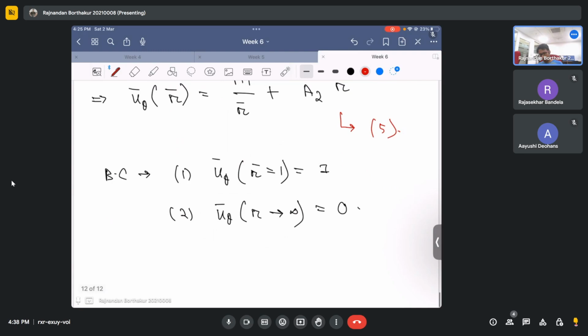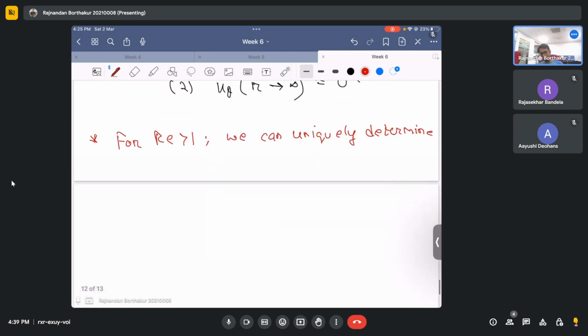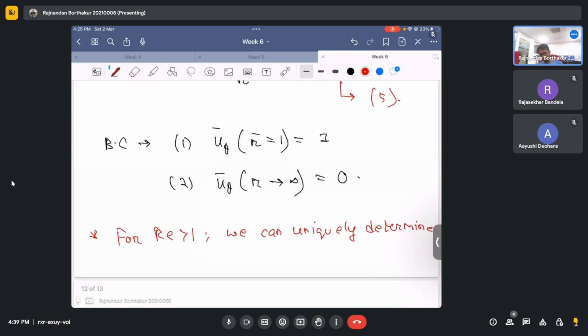So for Re greater than 1, we cannot uniquely determine the constants a1 and a2.